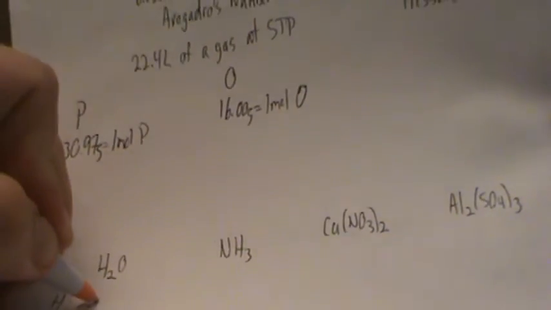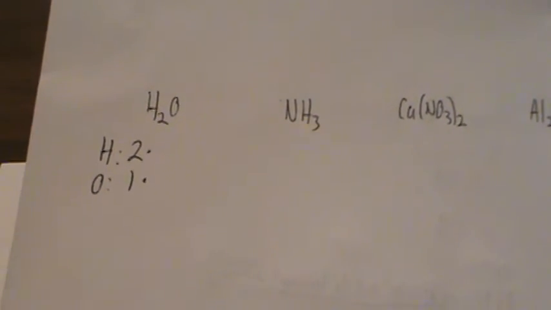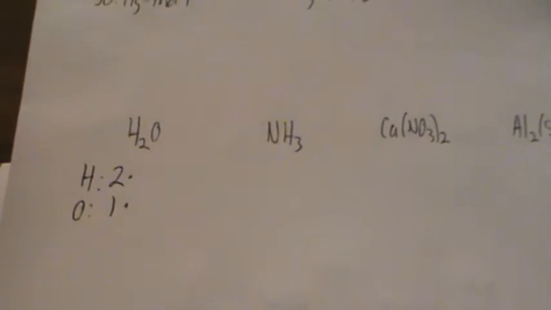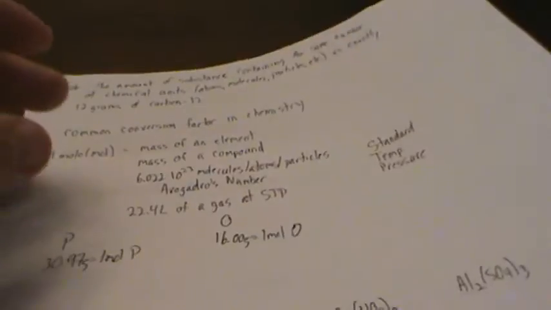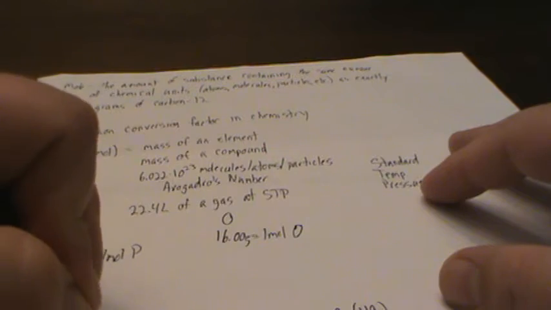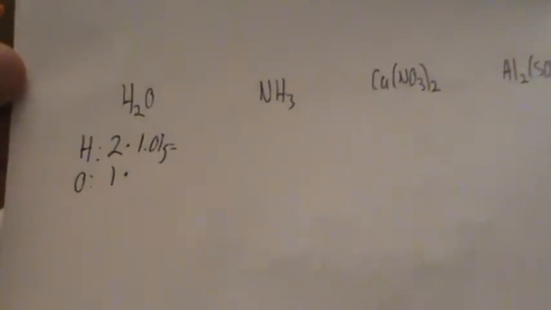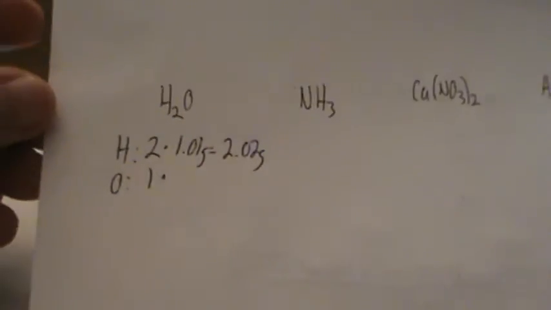After we determine how many of each element are in the compound, the next step is to multiply by that element's respective mass. On the periodic table, hydrogen's mass is 1.00794, so we can just say 1.01 grams. So 2 times 1.01 is 2.02 grams.